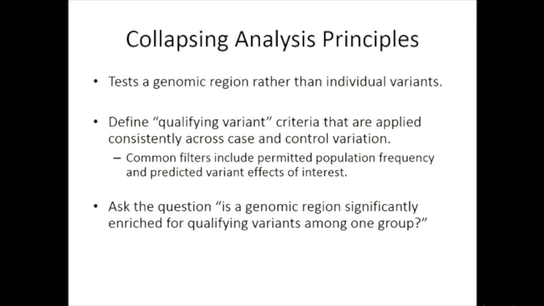So if you're looking at a very rare, severe disorder, and you expect it to be a highly penetrant model, then you would probably have a baseline minor allele frequency that you would permit, and also what kind of effect that variant is predicted to have. And then you ask, is that region, most often a protein coding gene, significantly enriched in one population versus the other for these qualifying variants?